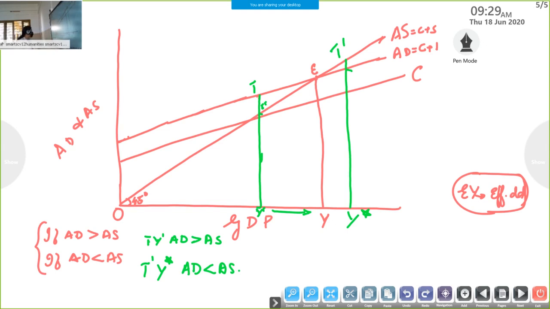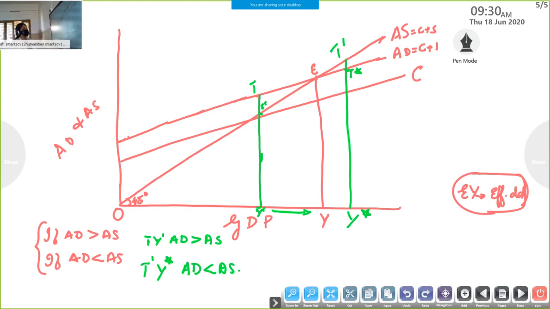Then the next situation, if we consider AD is less than AS. Again you have to write T dash Y star shows AD is less than AS. Here T star Y star shows AD and T dash Y star shows AS. Here total output is more than total expenditure, that shows unsold stock with the producers.